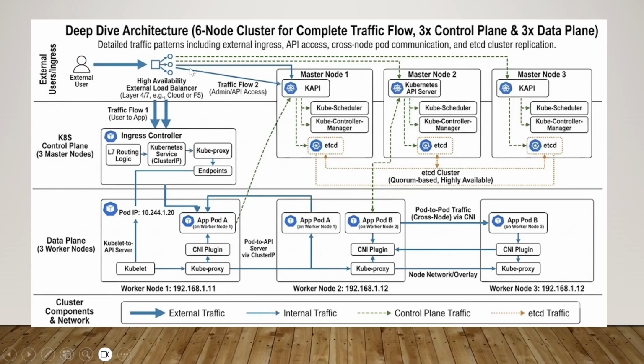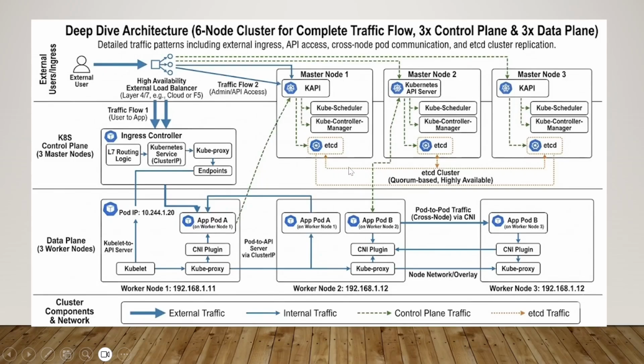If it is a request for admin access, then it can route directly to the master nodes, to the leader. If there are 3 nodes, then there will be a single leader. Suppose the leader is master node 1, then all decisions will be taken care of by master node 1, okay. So they basically communicate.